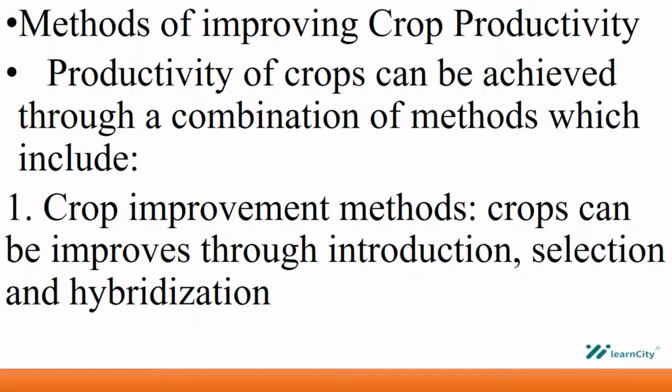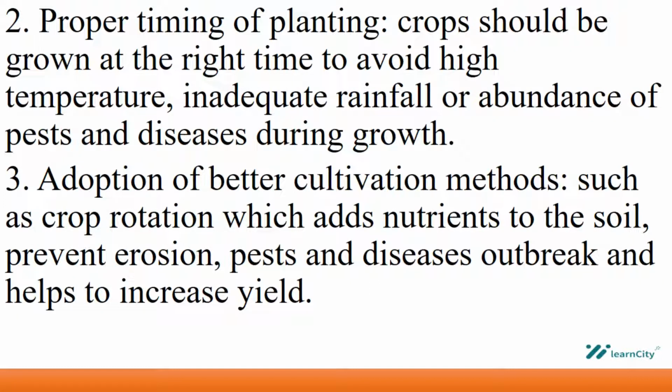We've said that before. And also proper timing of planting. Crops should be grown at the right time to avoid high temperature, inadequate rainfall, or abundance of pests and diseases during growth. We have to make sure we plant our crops at the right time.